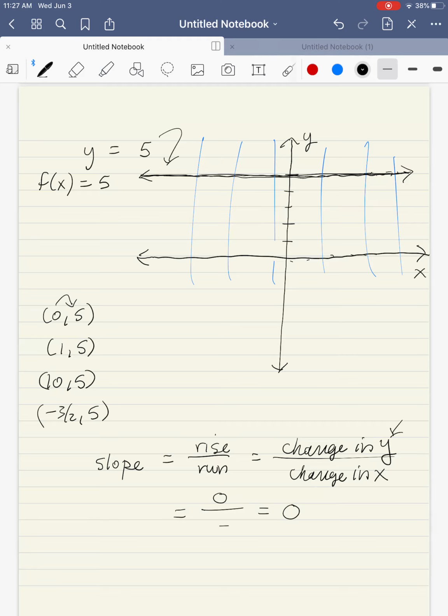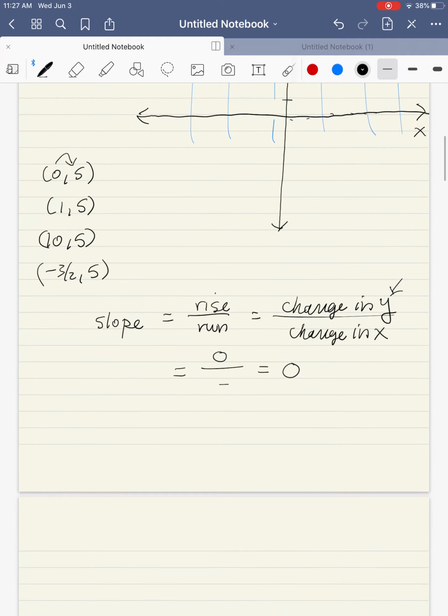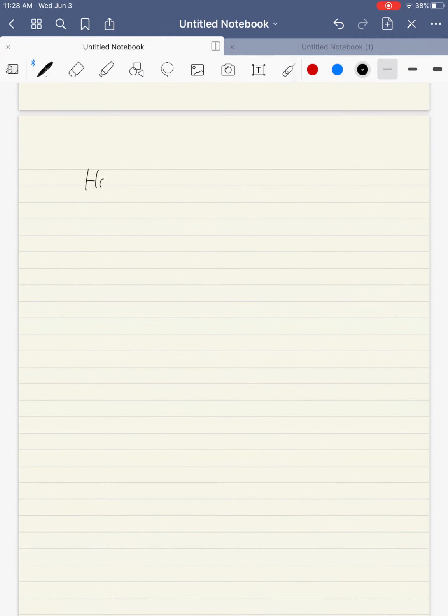And 0 over some number other than 0 is equal to 0. So for a horizontal line, your slope is always going to be 0.